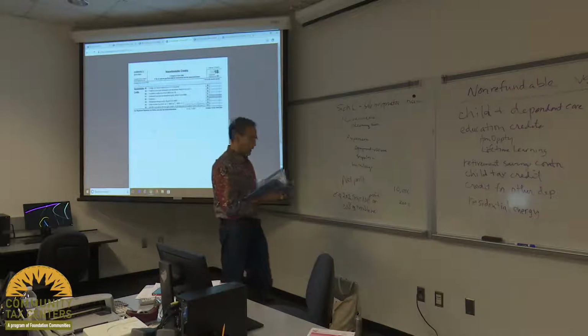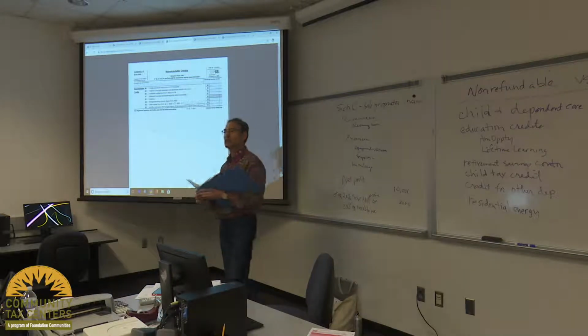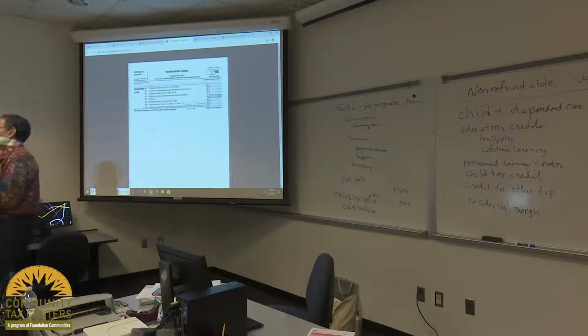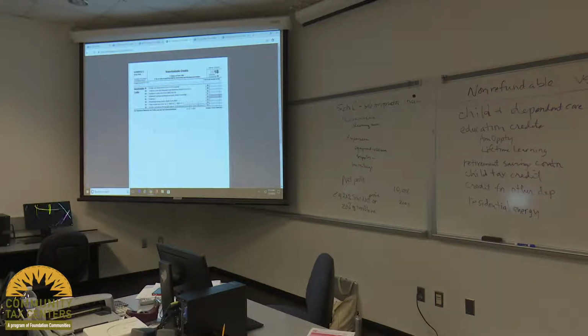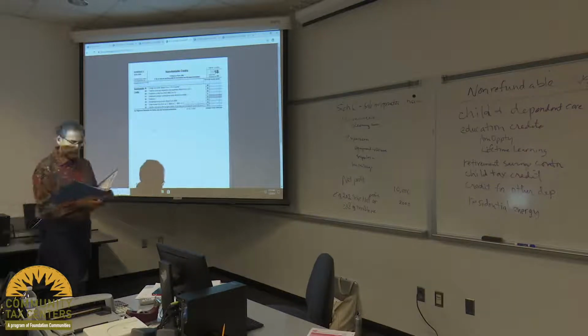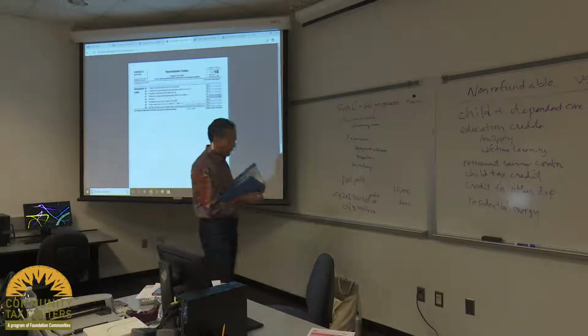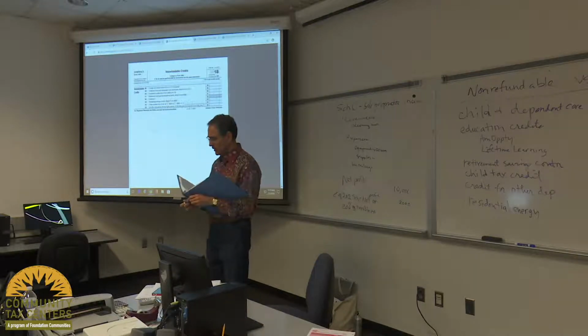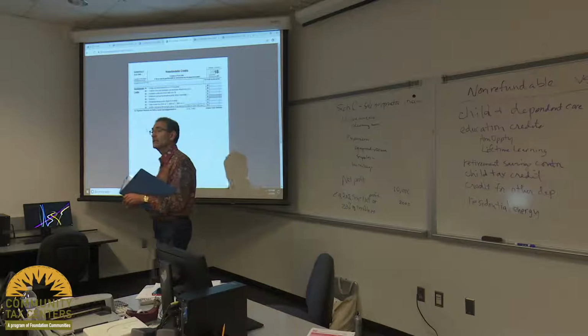A qualifying child who is under the age of 13. And it's a different age requirement, you'll notice, from dependency and other things. Some of these things are triggered by age. But this one is a qualifying child who is under the age of 13 when the expenses were incurred, and who can be claimed as a dependent.